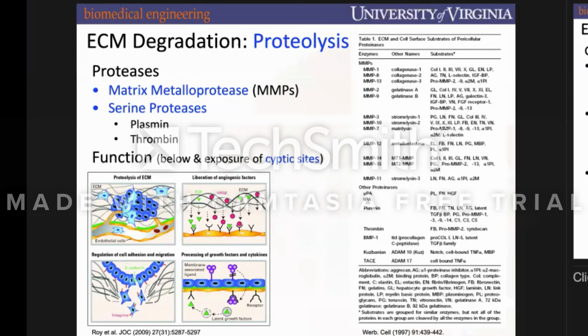this is a current area of research. The fibrin clot is like an early ECM matrix. It doesn't just stop bleeding, but it's an early matrix that we call the provisional matrix. It is rich with a lot of cues from fibrin, and fibronectin is present there too.